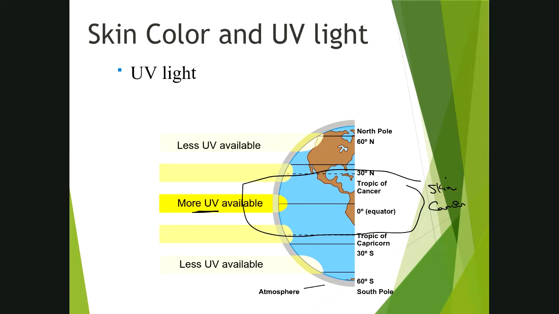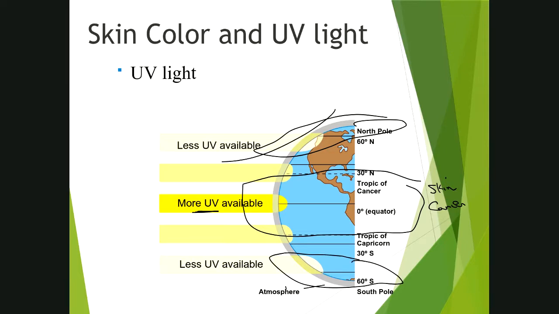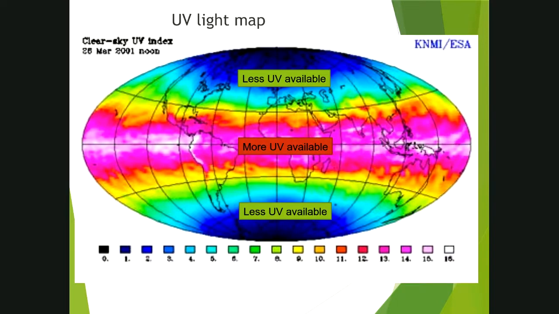But if you think about what happens up here and maybe down here, where it's bouncing off, we're going to have chances of getting rickets. And so it depends, again, on where your ancestors came from.